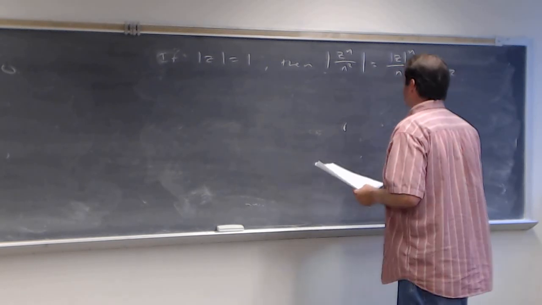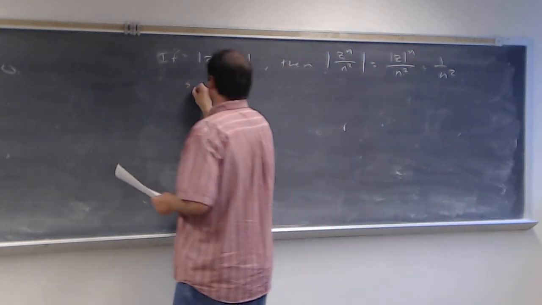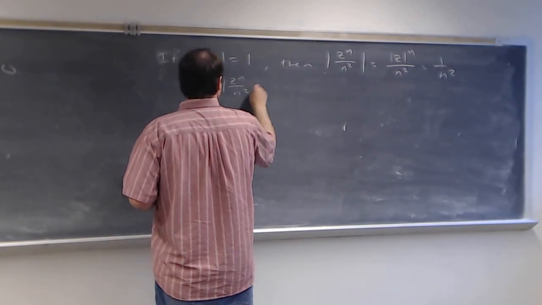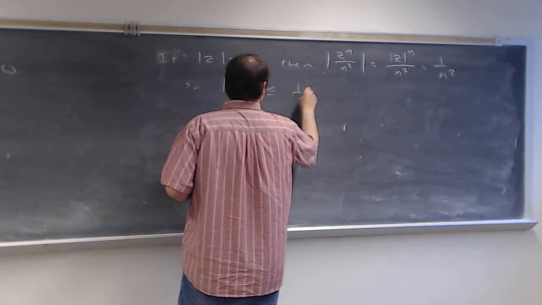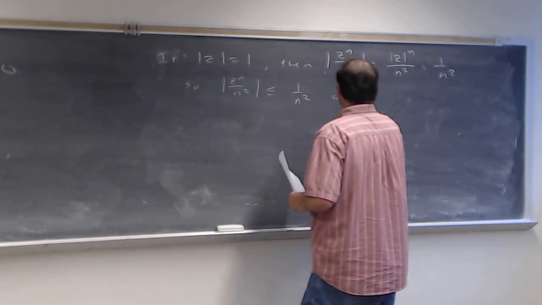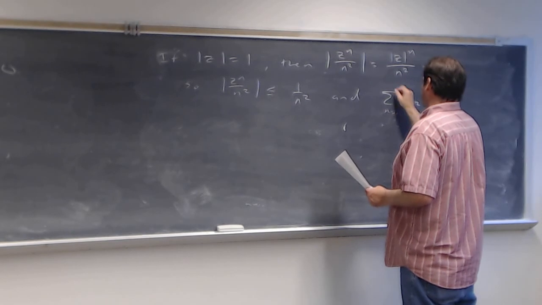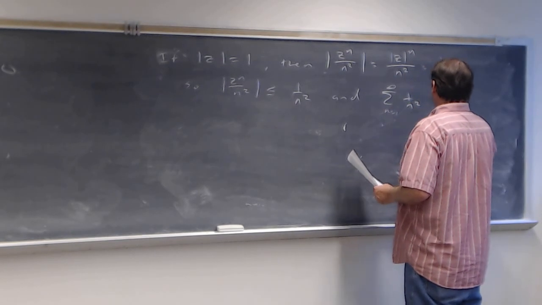Okay? That's what this guy is. So we have that the norm of z^n over n squared is less than or equal to 1 over n squared. And the sum of 1 over n squared, as n runs from 1 to infinity, this guy converges.